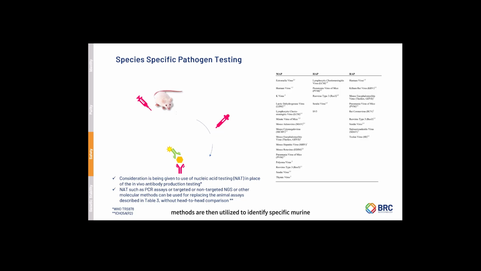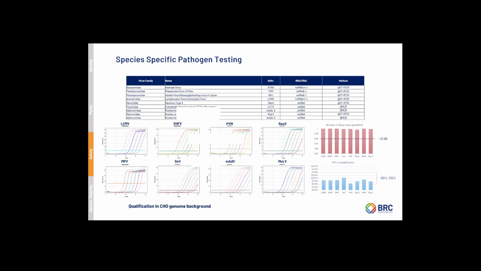ELISA methods are then utilized to identify specific murine virus, for example, hantavirus and Sendai virus. In response to the European Union's 3Rs initiative of replacement, reduction, and refinement, we have also developed a series of qPCR-based methods to detect murine virus capable of infecting human or human cells.